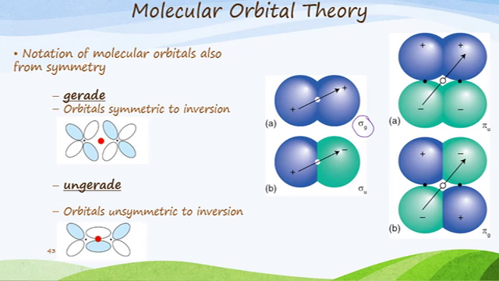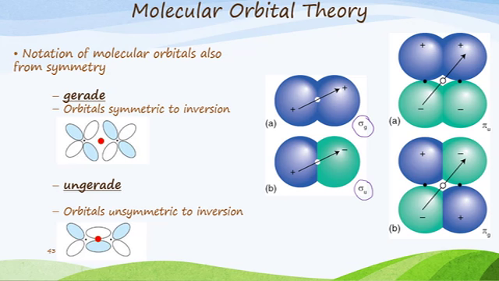Okay, so that means that the sign stays the same where there's a bonding interaction. If there is a change of sign, or there are two different orbitals coming together with two different signs of the wave function, then we put the subscript u, and that is ungerade. This is where the orbitals are unsymmetric to inversion.